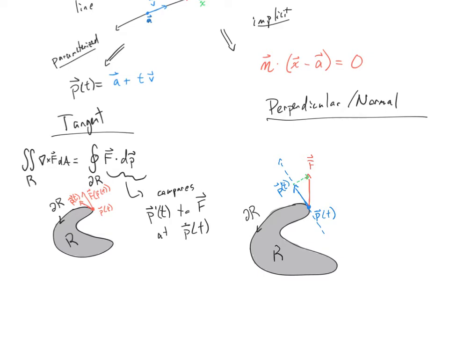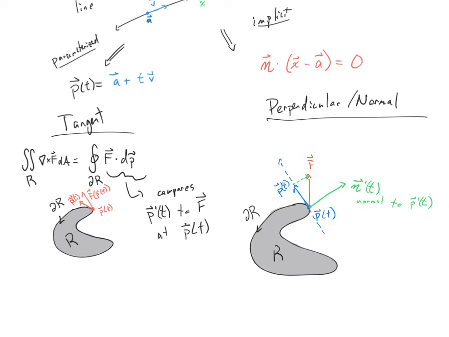So put another way, what we could do is produce a vector that's normal to P prime of t, and we could ask ourselves, how much does F agree with N?